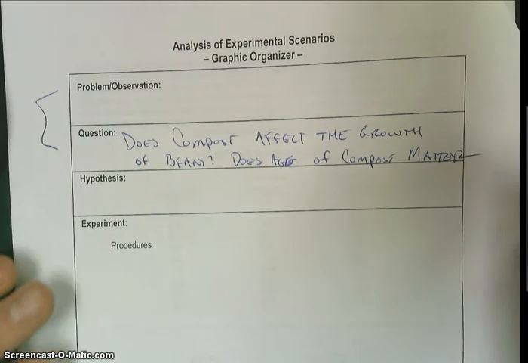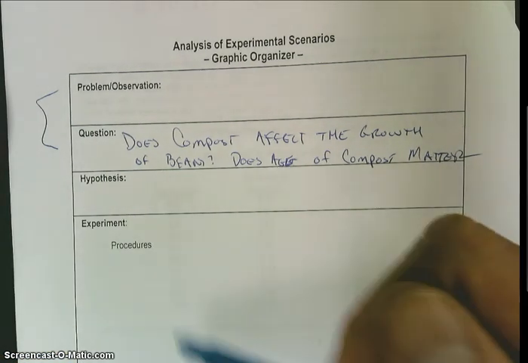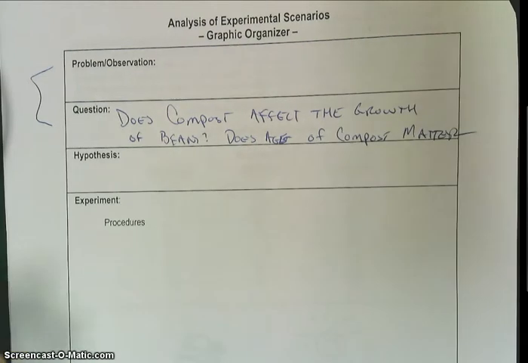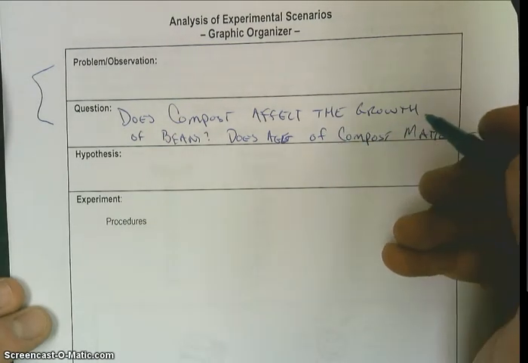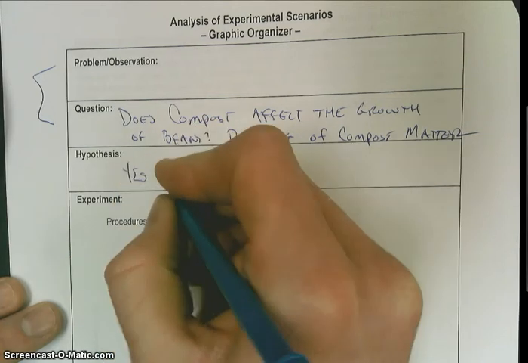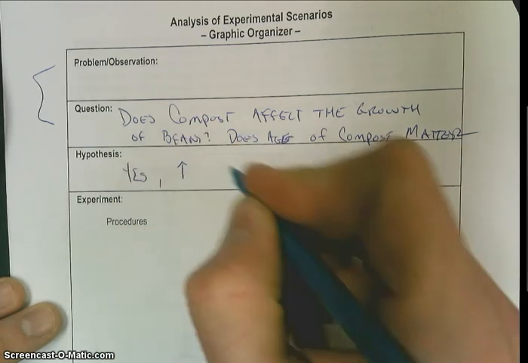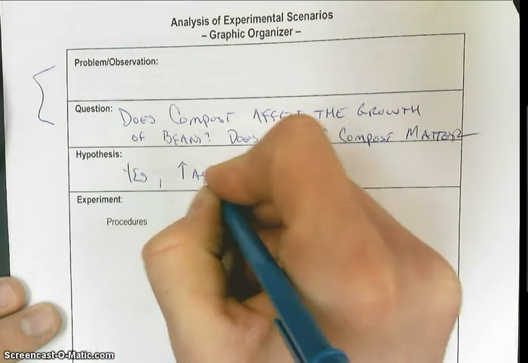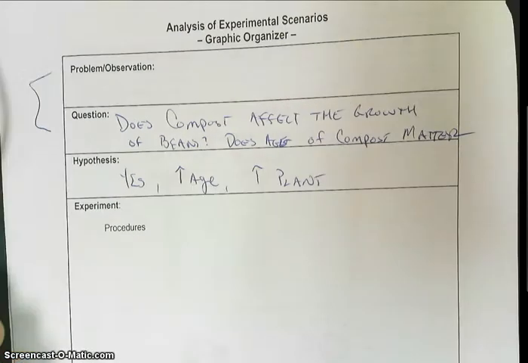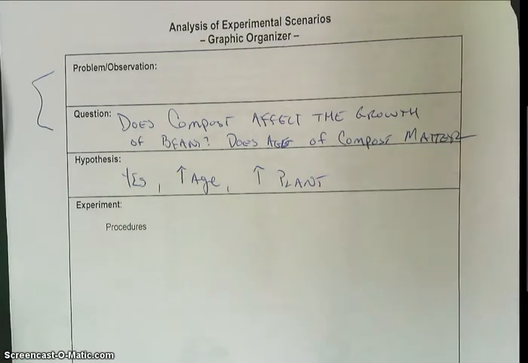Now the answer to that is within the experiment, but before we even get there, we have to have a hypothesis. The hypothesis is, yes, compost age does matter. He said the older or the larger the age, the taller the plant. I want you to explain this a little better than that, but I'm paraphrasing here.